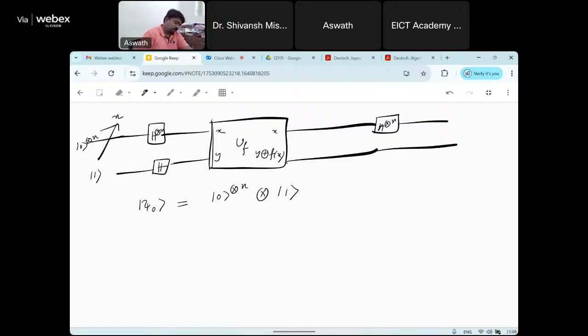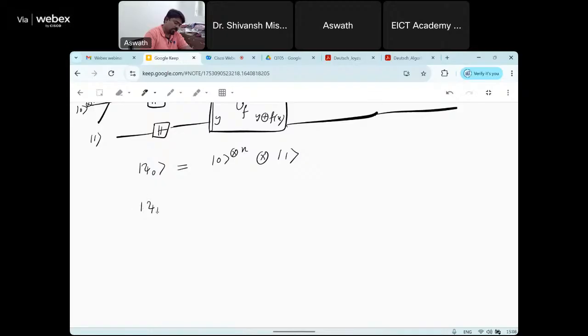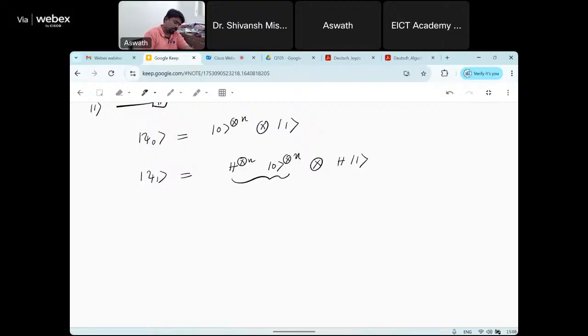Okay. Now psi 1 is n Hadamards acting on n zeros and 1 Hadamard acting on the 1 ket. As we know, n Hadamards acting on n zeros gives an equal superposition of all x's divided by square root of 2^n, where x belongs to {0,1}^n.